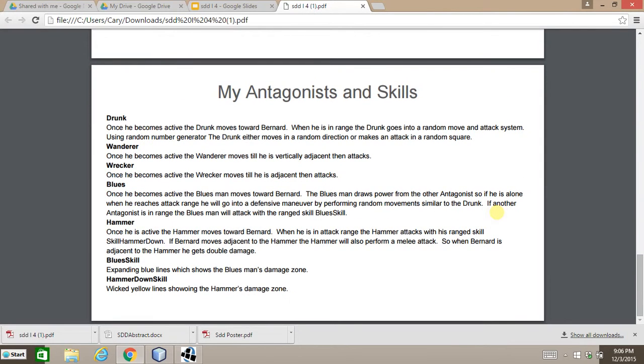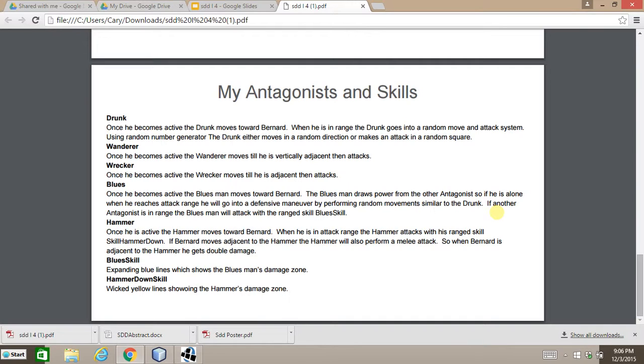So these are the antagonists and skills that I did. The things I just described, like the basic strategy of finding Bernard and moving to him, and then changing attack structures, is common to all of the antagonists, and I set that up.